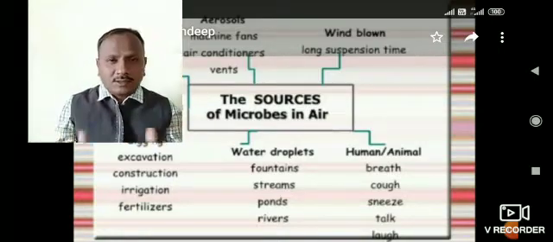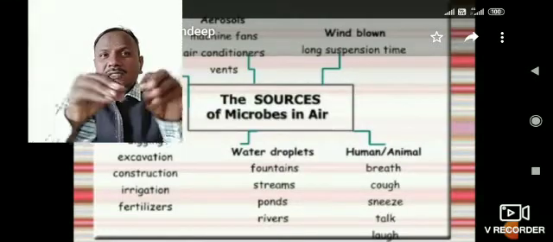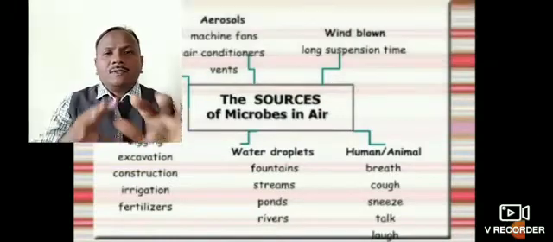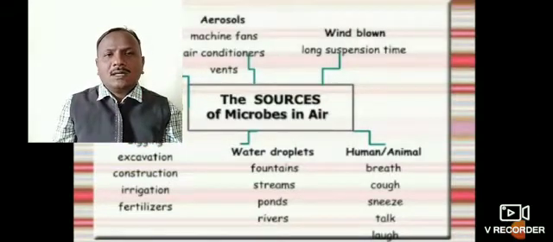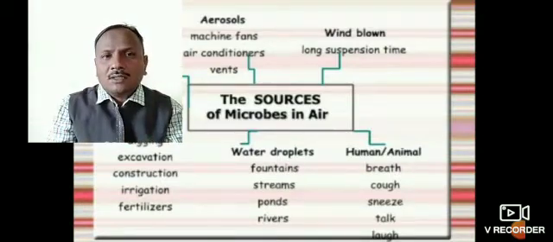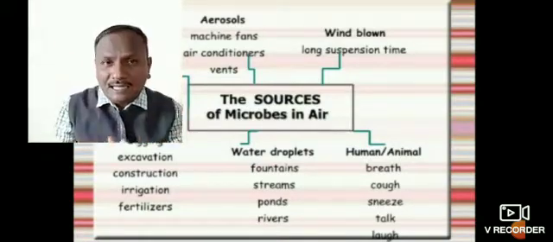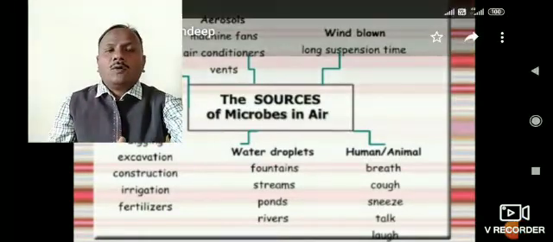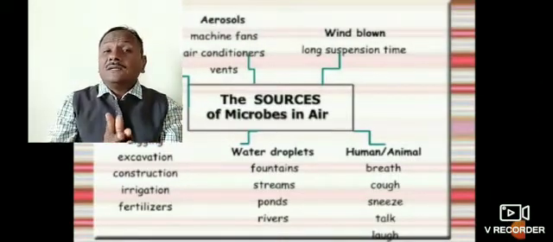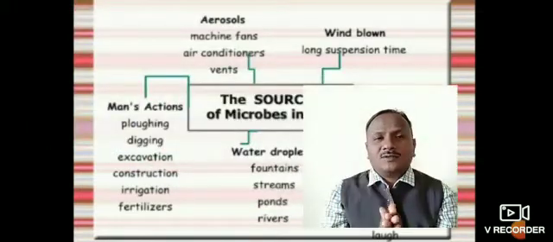There are different sources from which microorganisms get mixed into the air. Yesterday I gave the idea that air naturally does not contain any microorganisms. Actually, the microorganisms in air come from different sources. Now let us see which are these sources.